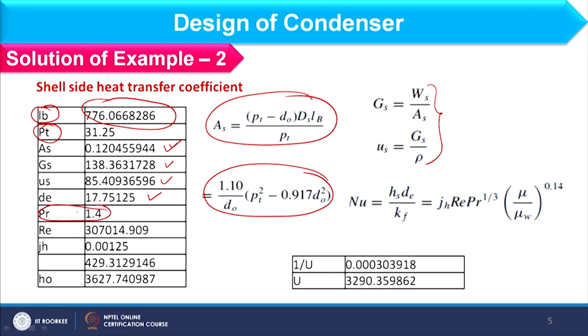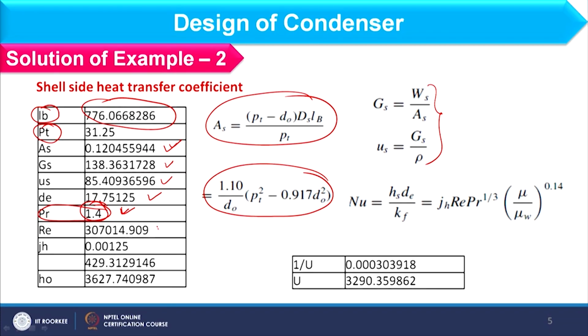Prandtl number is already given to you. Reynolds number you can find out because velocity and all other parameters are given to you. Based on the velocity you can find Reynolds number, and I have another point to tell that Prandtl number is given as 1.4, and this Prandtl number is applicable to both side, right.